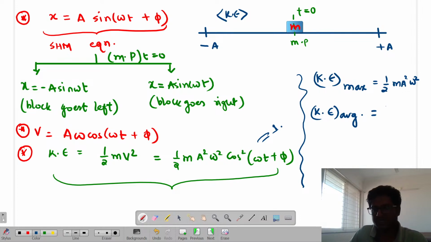When you calculate that, it will come as 1 by 4 m a square omega square. We are not calculating it explicitly right now, we are just writing the equation. Is that clear? Are my words making sense? So there are two kinds of kinetic energies. Means the kinetic energy equation is definitely written by cos square.